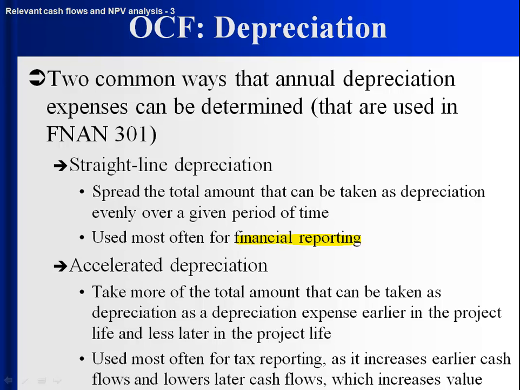The second is accelerated depreciation, where you've got some total amount of depreciation that you get to take, and the rules allow you to take more of it earlier in the life of the asset. This is most often used for tax reporting because, as we said before, you take a lot of depreciation early on, so you pay less in taxes early on, you increase your cash flow early on, and that enhances value.